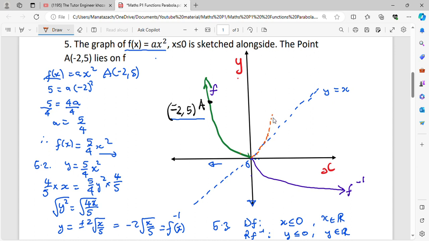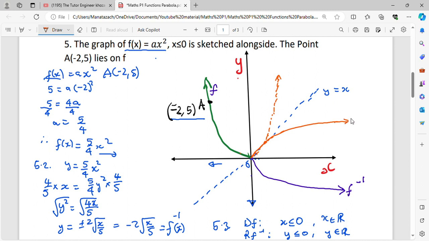This will be the reflection, where the y-axis is the mirror image. So this is the second half of the original graph of f, and then you take the very same reflection about the y-axis, you reflect it about the line y is equal to x, right? So it's going to be something like that.